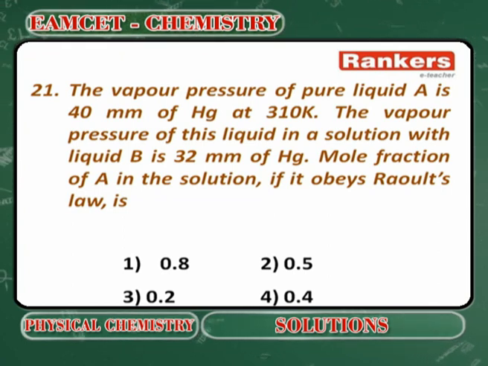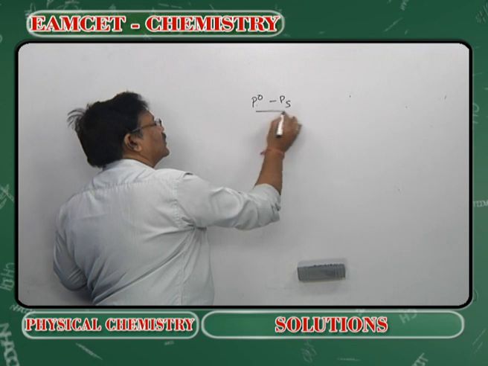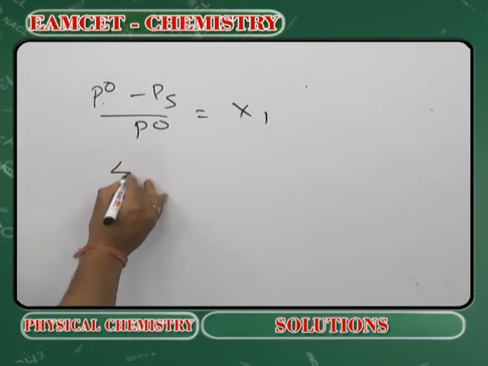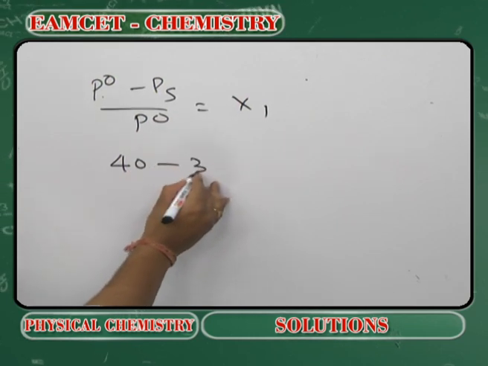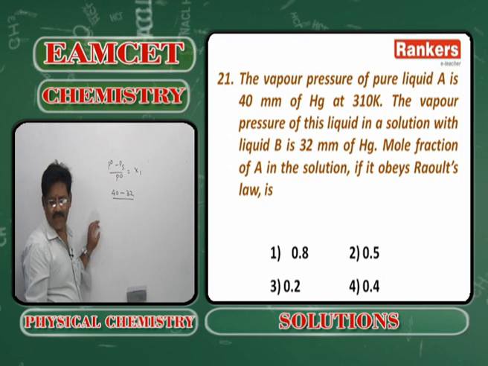So the mole fraction: if the solution obeys Raoult's law, simple, (P naught minus Ps) by P naught is equal to X1. Initially it is 40 minus 32, by 40.